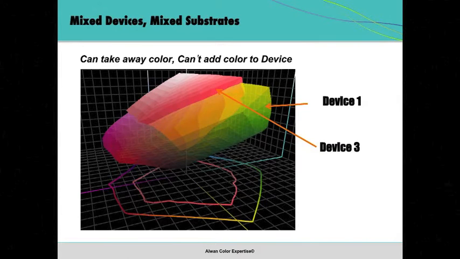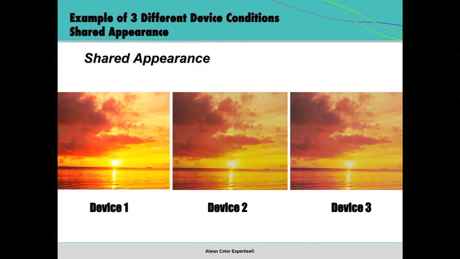So if I were to go with the shared appearance on these devices, and I had this brilliant sunset image, device on the left would be the Canon Arizona printer with the large gamut, and the vivid yellows and oranges are just shining through.